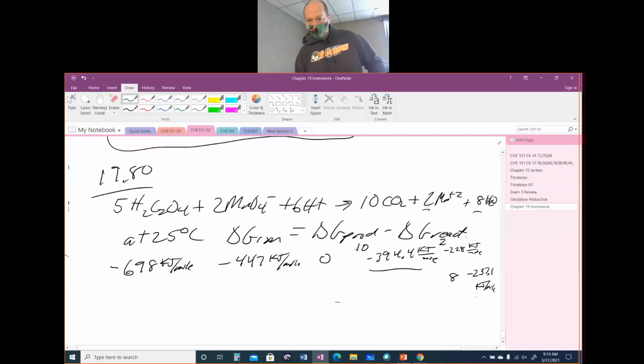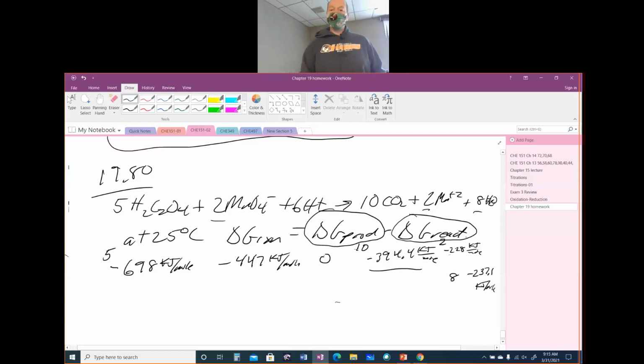All right, so you add all those up. That is your delta G of your products. Then you write that number there. Then you do your reactants. You have 5 moles of your oxalic acid, so 5 times your negative 698 kilojoules per mole. You have 2 times your negative 447, and you have 6 times 0, which is 0. And so then you put that total right here for your delta G of your reactants.